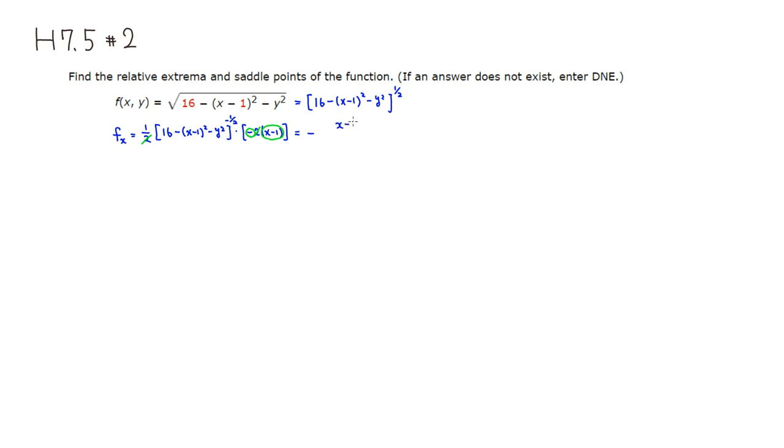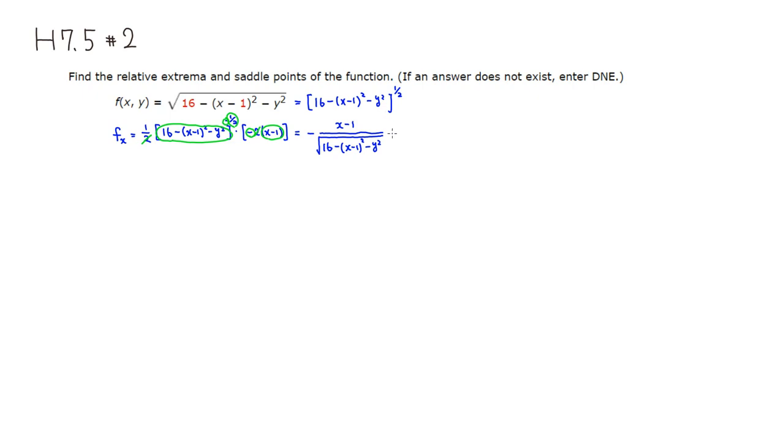Then we have a negative power, so 16 minus quantity x minus 1 squared minus y squared goes on the bottom, to the 1/2 power, so it's a square root. So we got that.